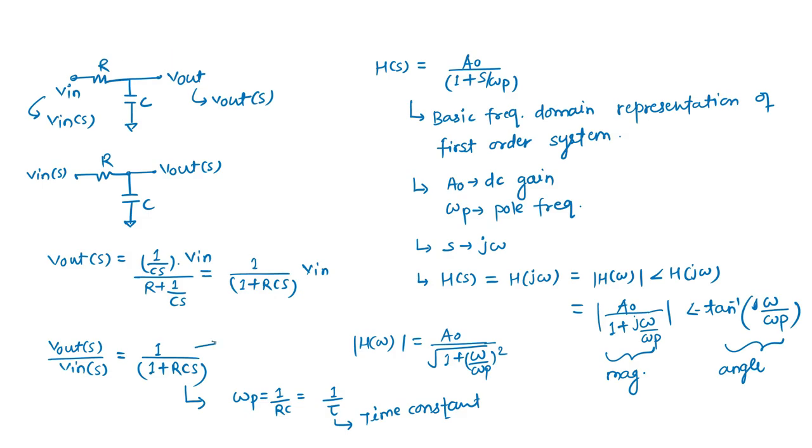Now I'm interested in the magnitude of H of j omega, which is nothing but A naught divided by 1 plus omega by omega p, whole square, and on top of that there is a root. One more thing, from here I will see my A naught is 1.